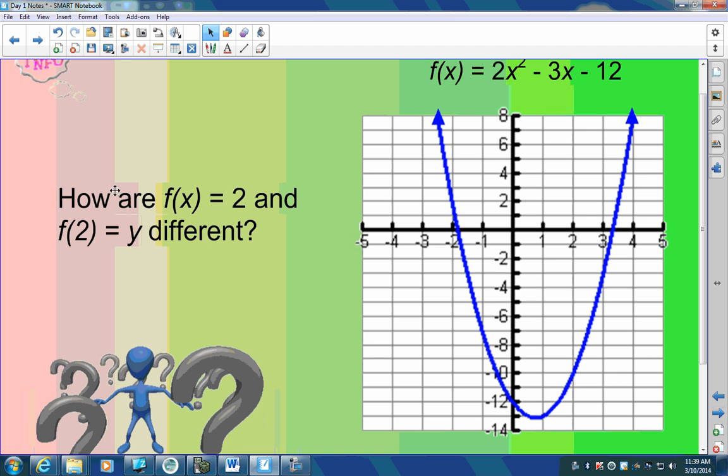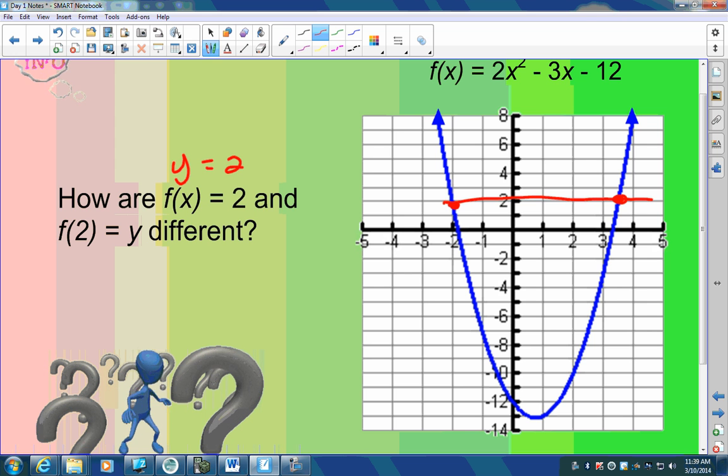So then right here it says, how is f of x equals 2 and f of 2 equals y different? Well, f of x equals 2 means y equals 2. When I come across here, y equals 2 at 2 spots, here and here.